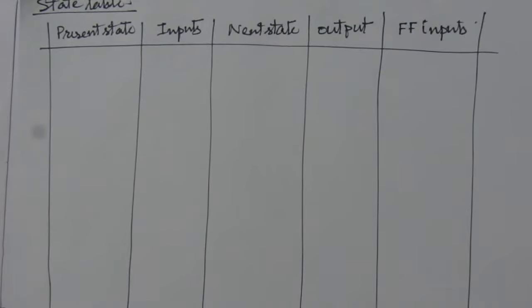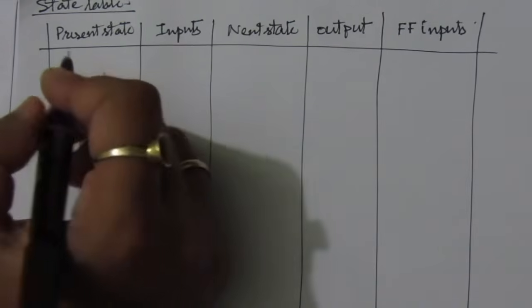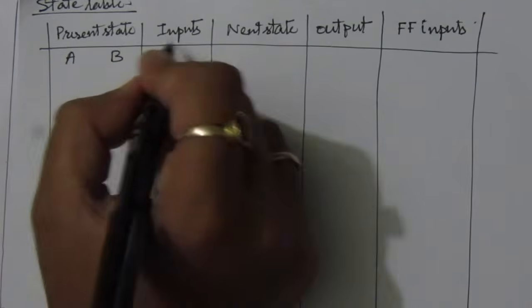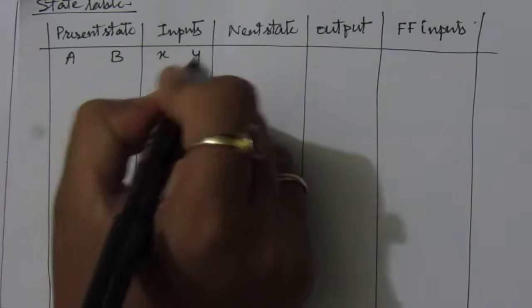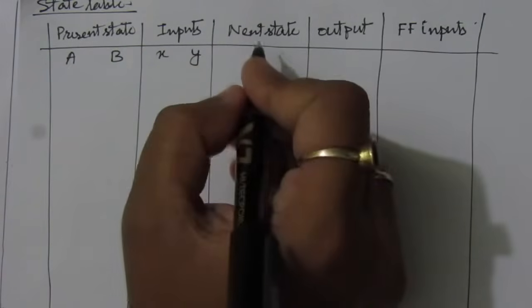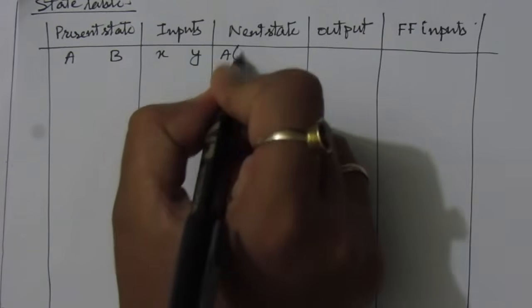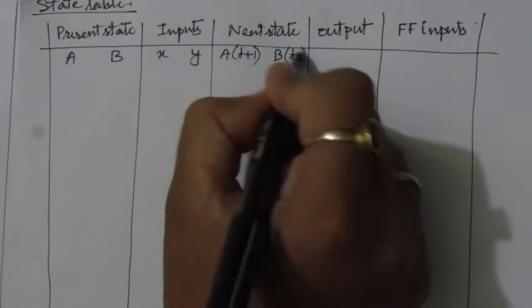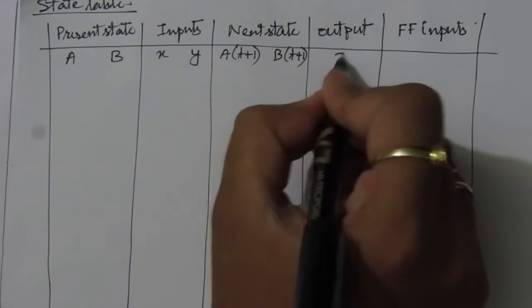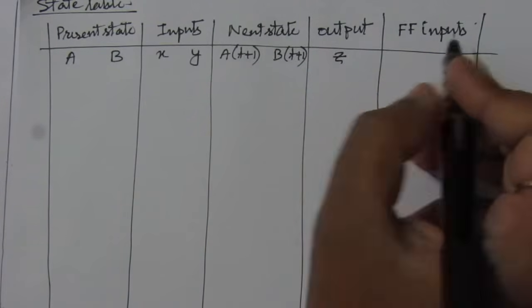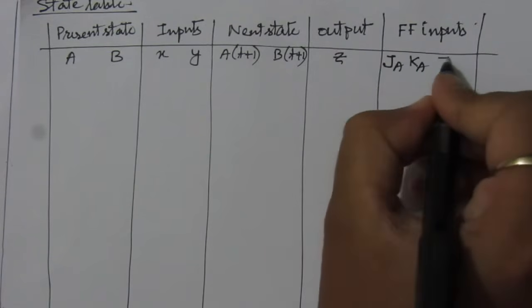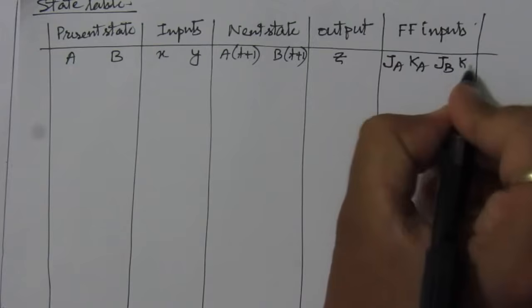Here we'll have the present state, A and B, then inputs X and Y. The next state is A of t plus 1 and B of t plus 1. The output is small z. Then the flip-flop inputs are JA, KA, JB, KB.